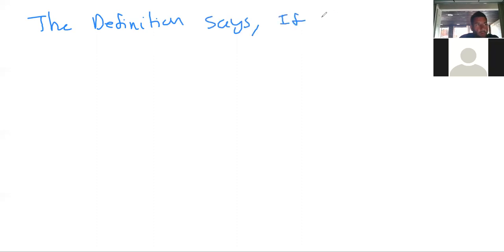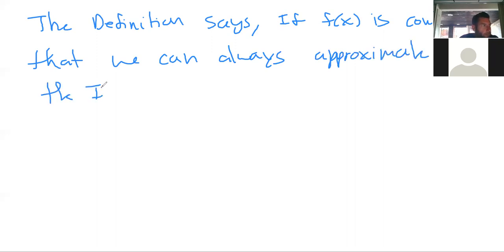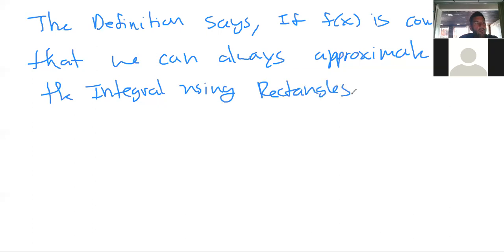So it's worth pointing that out. The definition says, and this is important, if f of x is continuous, that we can always approximate the integral using rectangles.